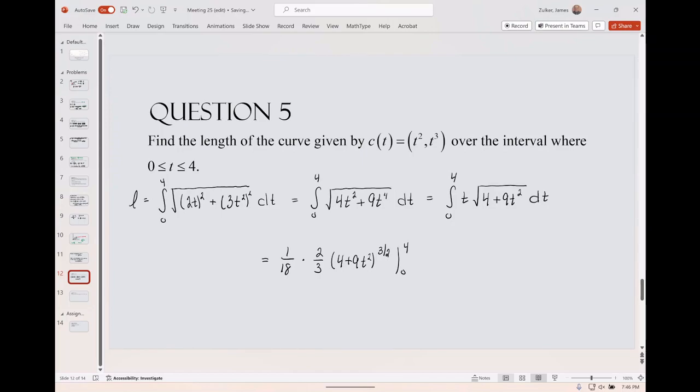Antiderivative u to the 1/2, 2/3 u to the 3/2. One over 27 times, 1 over 27.